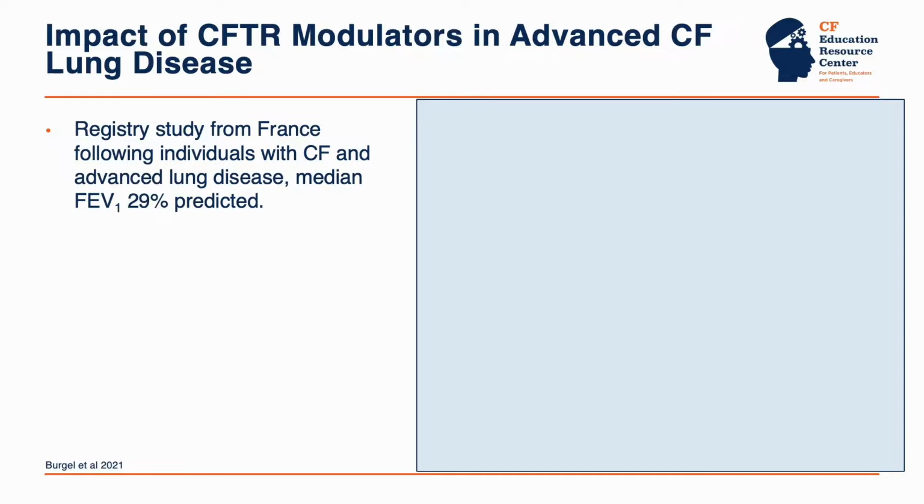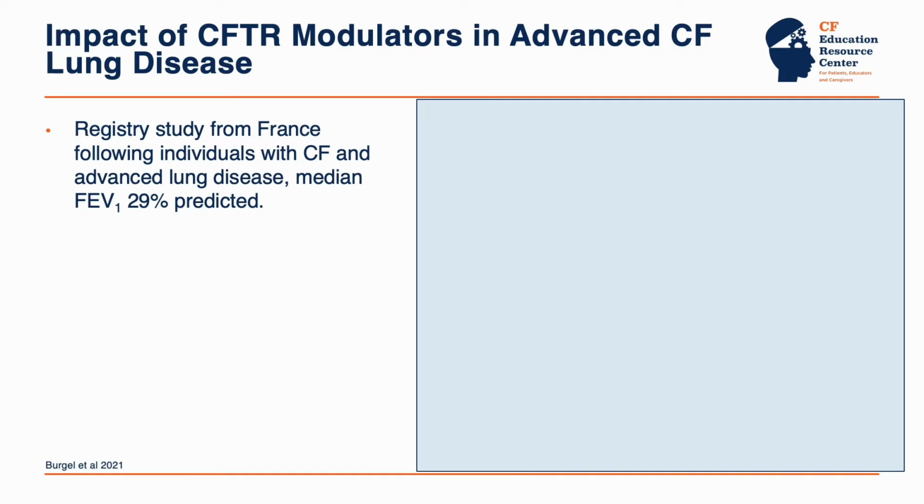Importantly, we weren't sure how well these modulators would work in people with advanced CF lung disease. And so some registry studies, and one I'll highlight was published from the French experience, really demonstrate that these modulators can have a dramatic effect even in individuals with advanced lung disease. So in this registry study, they followed individuals with CF and FEV1 under 40% predicted, that is advanced lung disease.